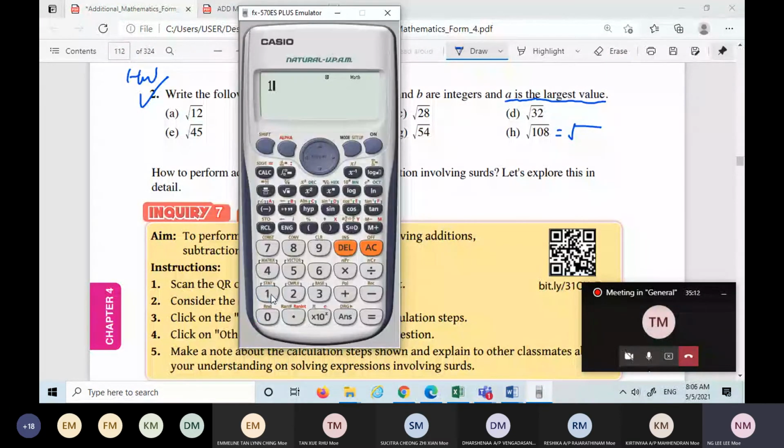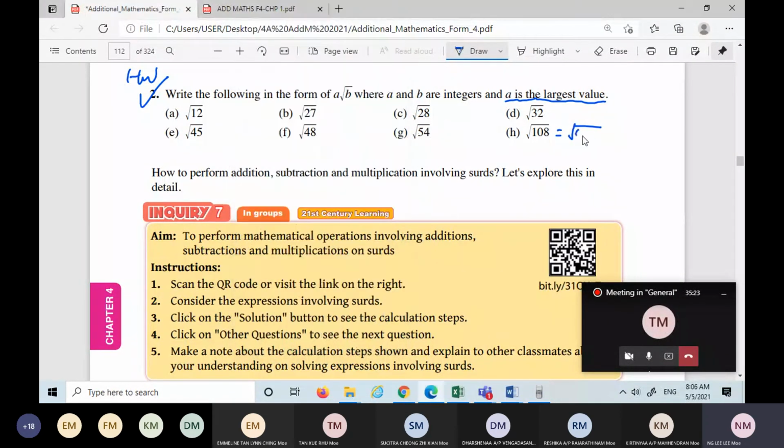You see 108. Let's say I know 4 is the factor. So 4 times 27. 4 is a perfect square, and then 27.